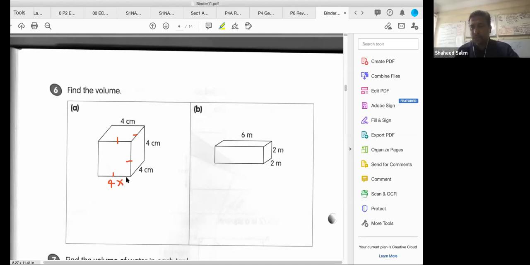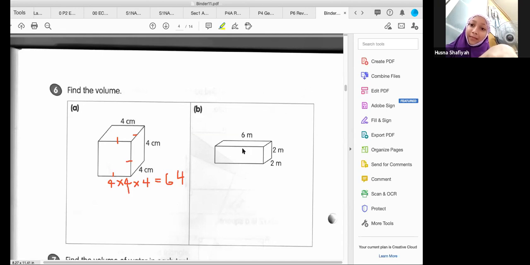All the sides are the same also. 4. What's the height? All the sides are the same. 4. So 4 times 4 times 4, you get 64. Okay, 64 cubic cm. Now what about the next one?